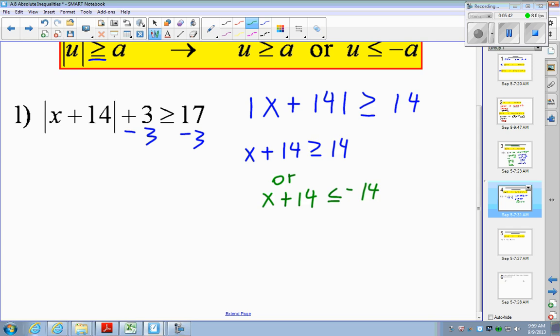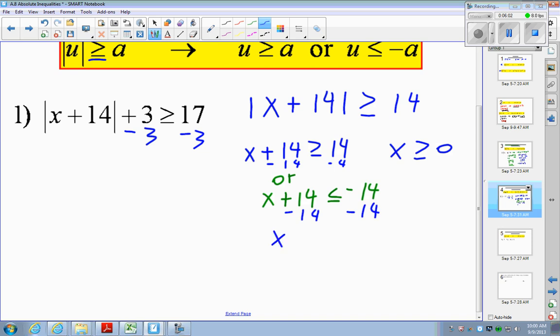Okay, so we've broken it up into two parts. Let's go ahead and solve. Here, all you do is subtract the 14 to get x by itself. So we'll have x is greater than or equal to 0. And we'll subtract the 14.